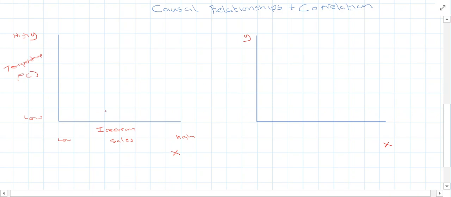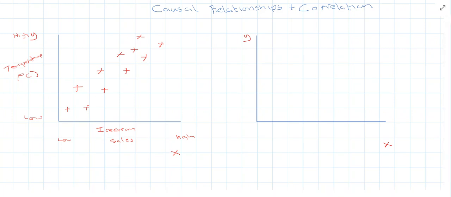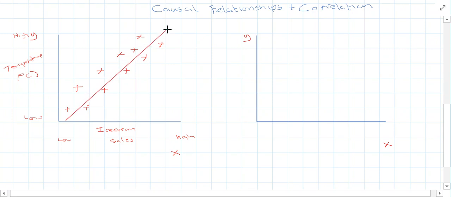Okay. So let's say we have something like this, and it has a fairly strong positive correlation. So if we were to draw a line through it, it'll have a positive correlation.